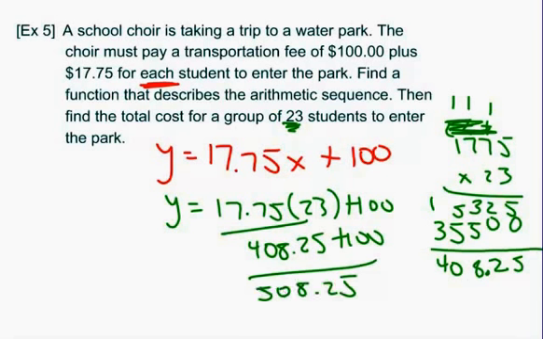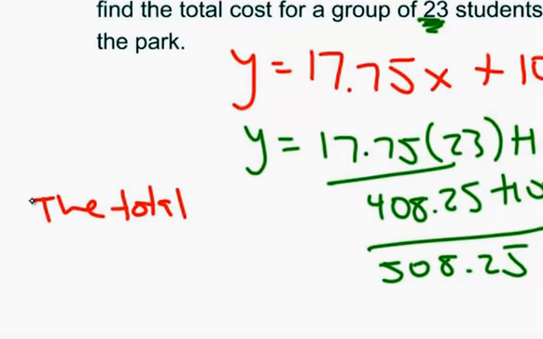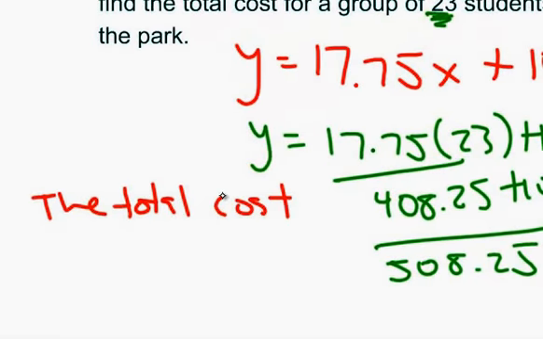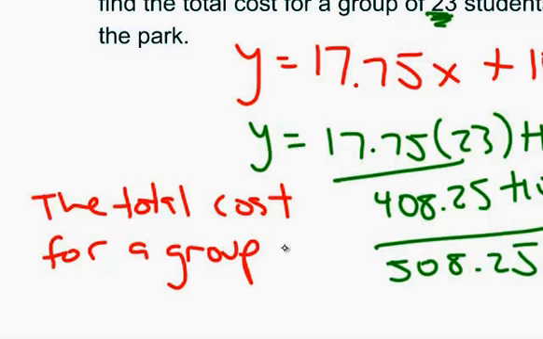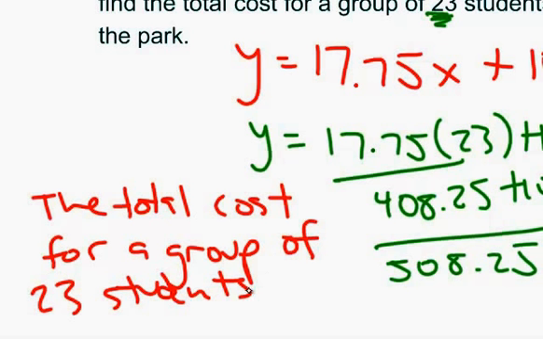I have to put in the total cost for the group. The total cost for a group of 23 students is $508.25.